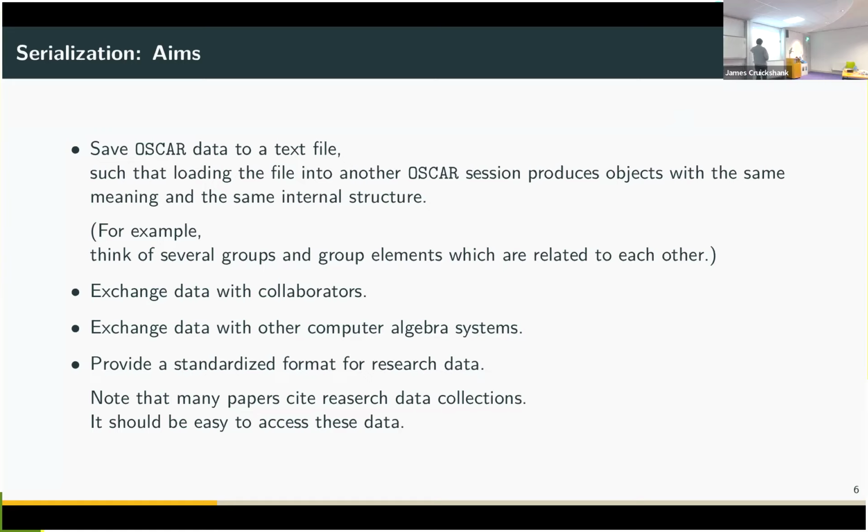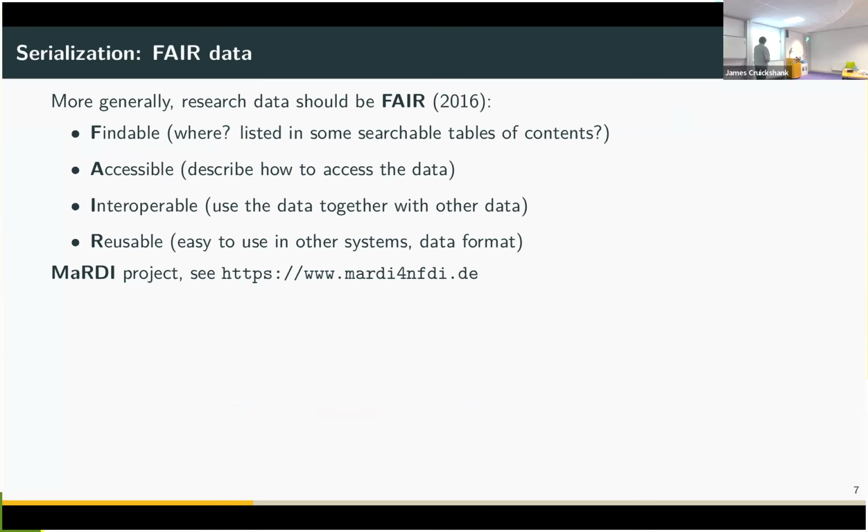Yeah, okay, that's the theory, that's the aim, what one would like to have. And one formal way how this has been formulated in 2016, these data should be FAIR. There are these FAIR principles, where this is an acronym for the F stands for findable.